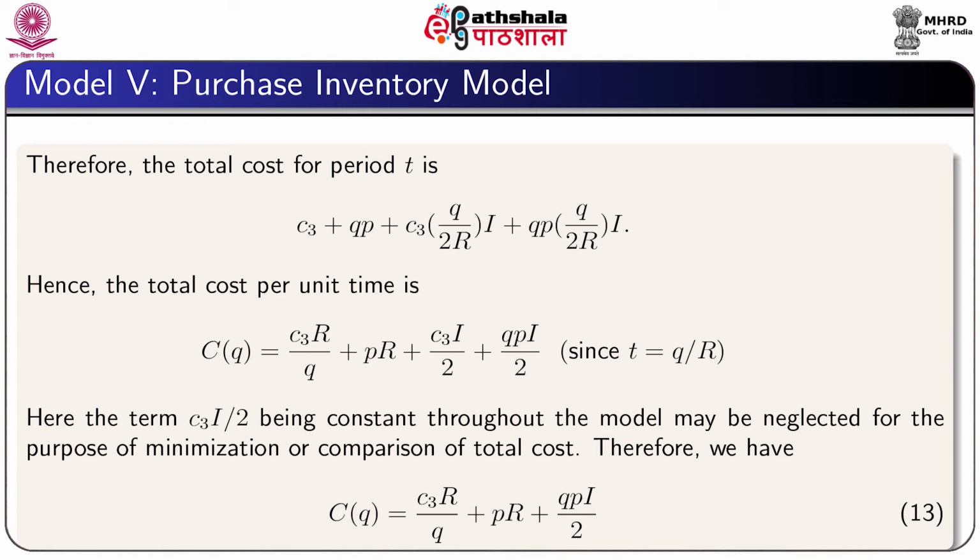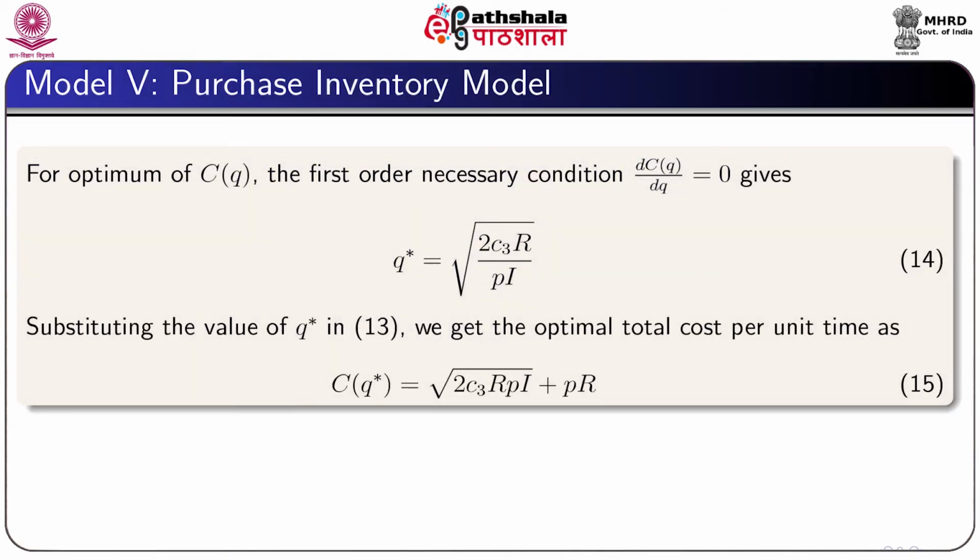Here the term C3I by 2 being constant throughout the model may be neglected for the purpose of minimization or comparison of total cost. Therefore, we can consider CQ equal to C3R by Q plus PR plus QPI by 2.